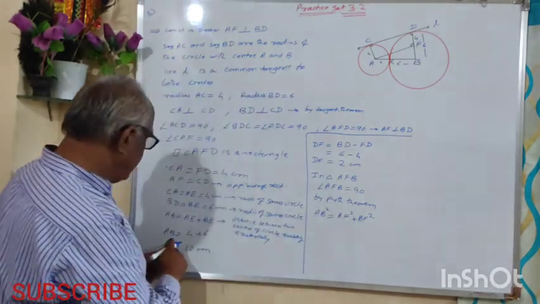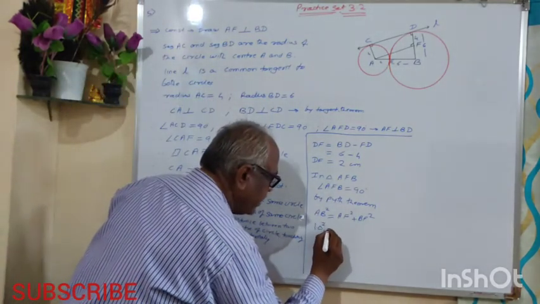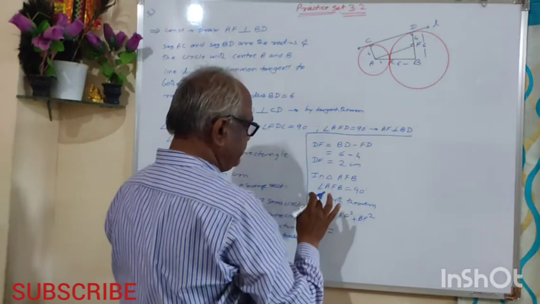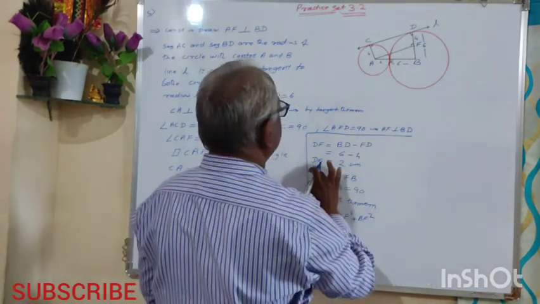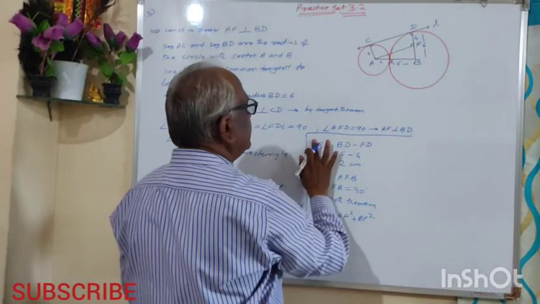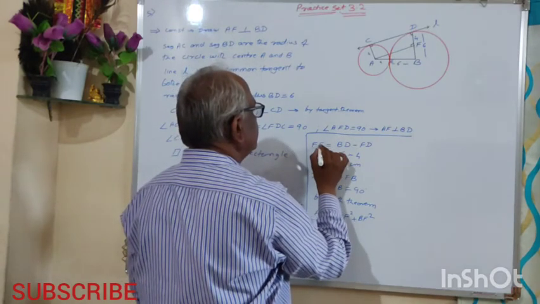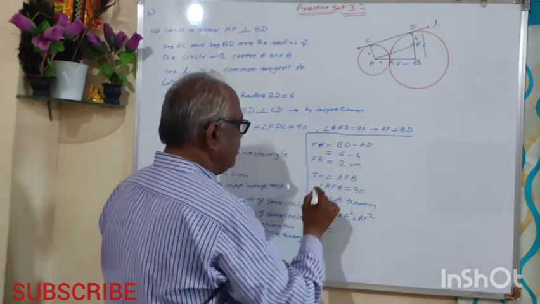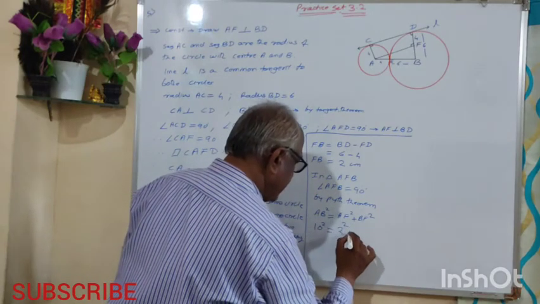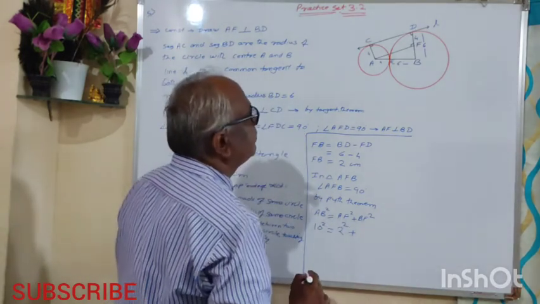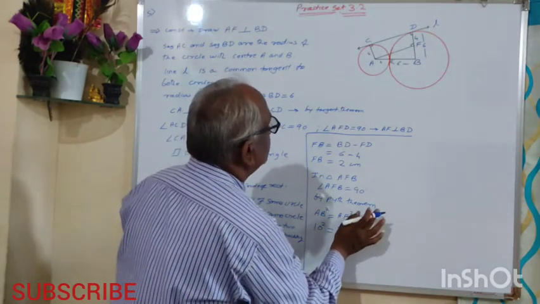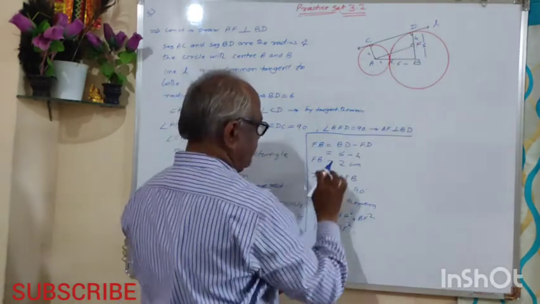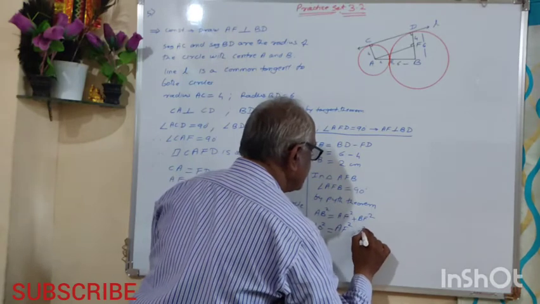AB we have calculated, AB is 10 square. FB is 2 square plus AF as it is. BF, that is another 2 square.